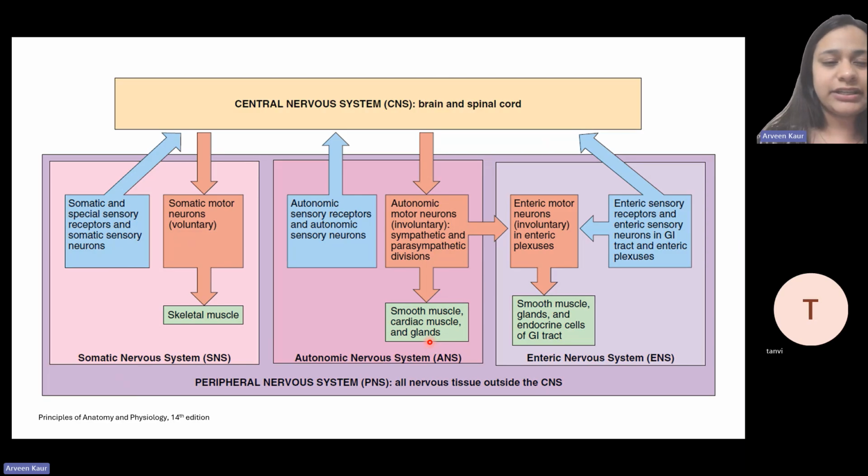It is involuntary, right? So, that is why it is a part of this autonomic nervous system. Another part of the brain is actually controlling the beating of the heart, and the beating of the heart itself also has some feedback mechanism due to which it might beat faster, due to which it might beat slower, etc. So I don't have any voluntary control over it, right?